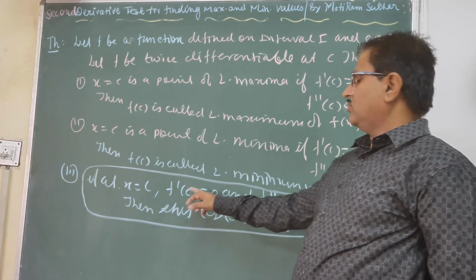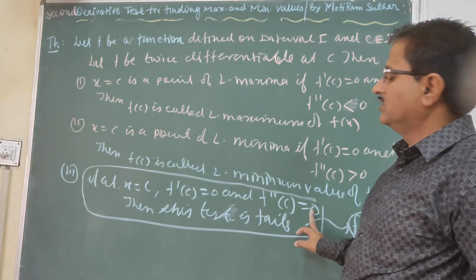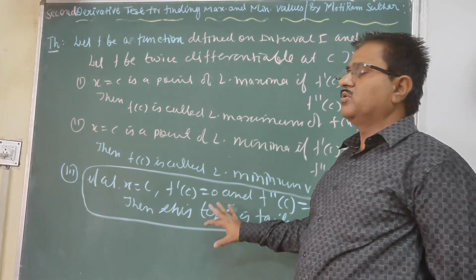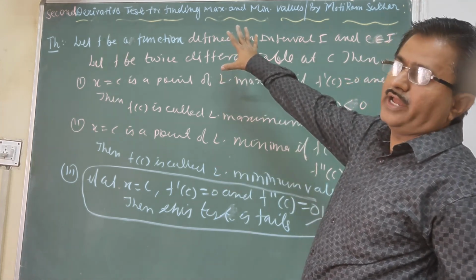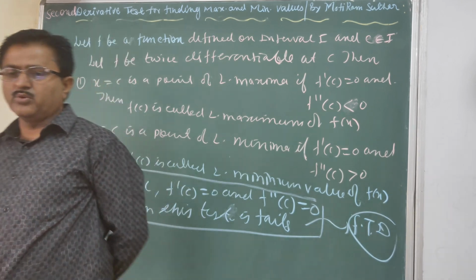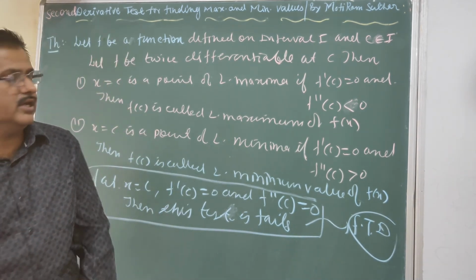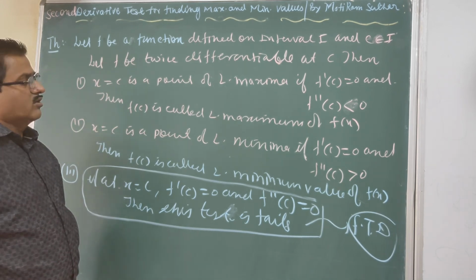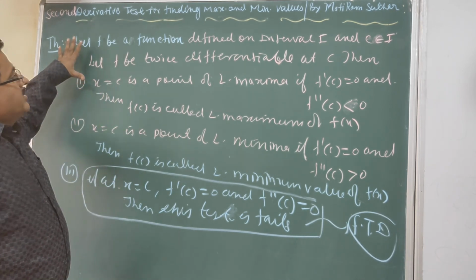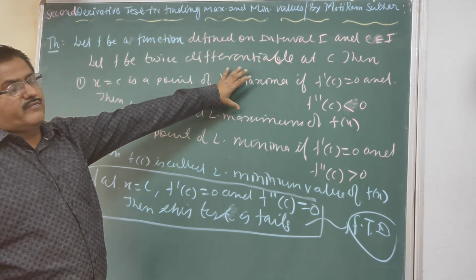So the second derivative test fails at any critical point of the function where the first derivative value is 0 and the second derivative is also 0. Then we cannot say with the help of the second derivative test, and we move again to the first derivative test, and with its help we may say whether it is a local maxima or local minimum. So what is the second derivative test? First of all, you have to find the derivative of the function.